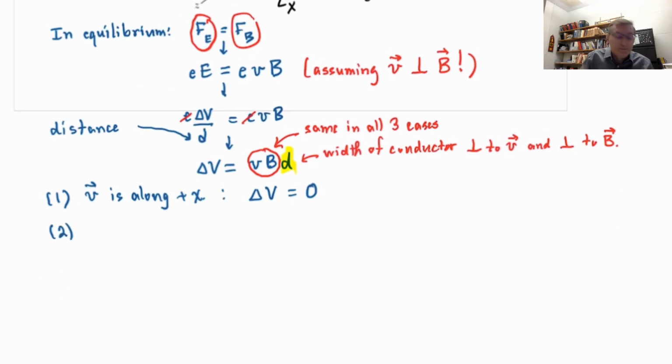Okay, case 2. The velocity vector is along the plus y direction. Let me try to draw this block over here to the side.